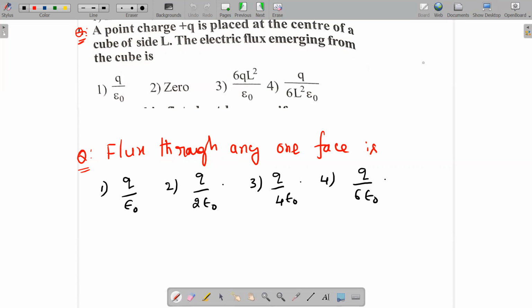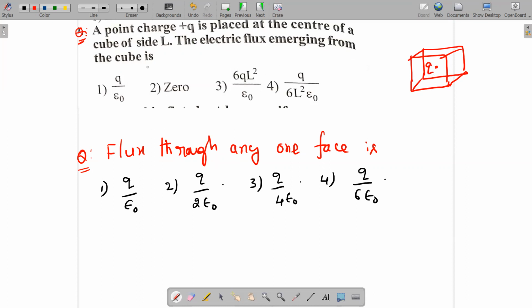So let us consider a cube. Let us say this is a cube, and a charge Q is inside this surface, at the center.